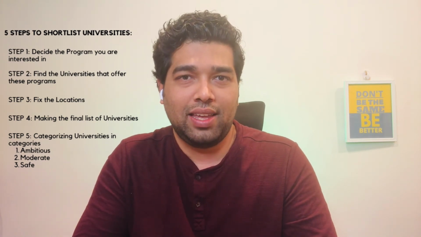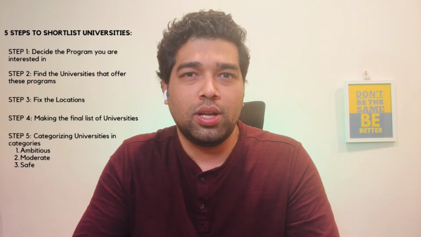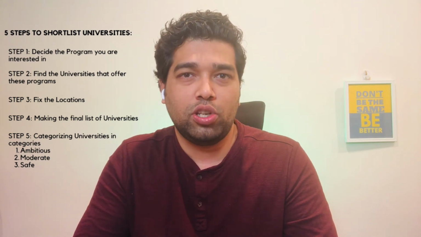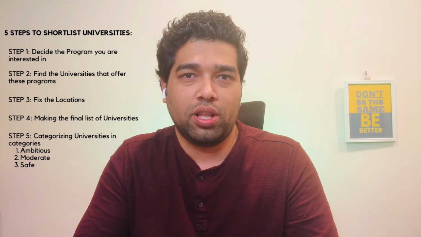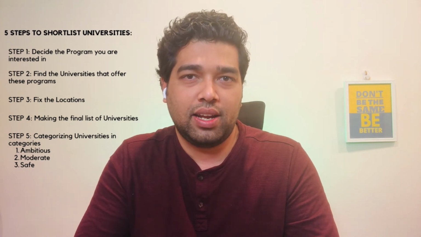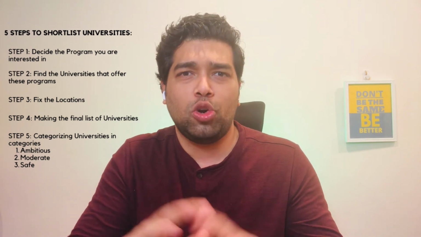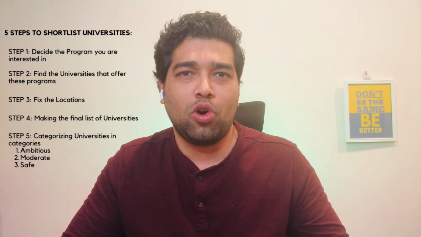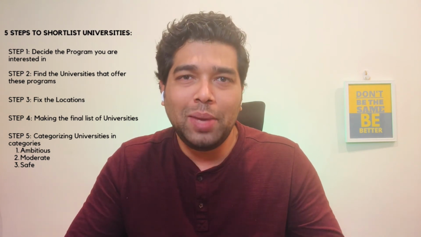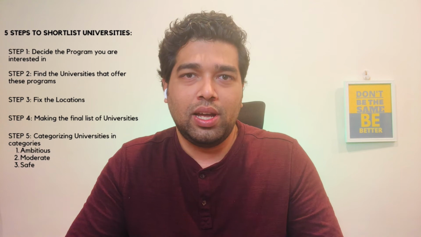You are just lacking in 1 or 2 specific things. Maybe your GPA is less than what the average student has at that university. But your overall profile is strong and you're confident that you may be considered for an admit. These are all ambitious universities.